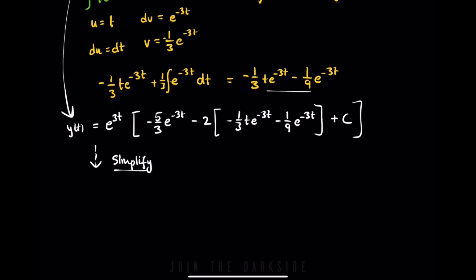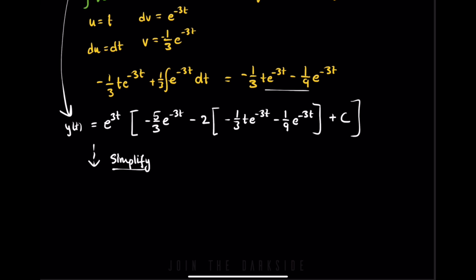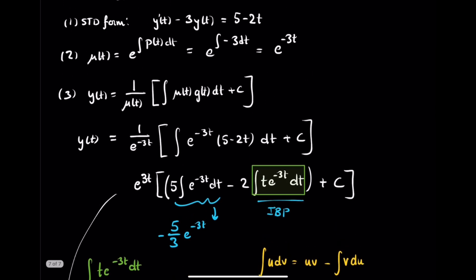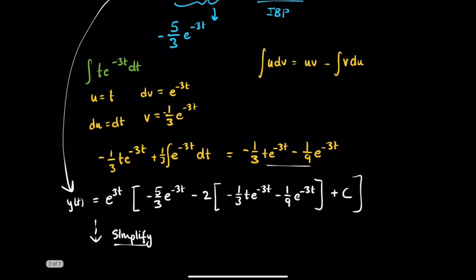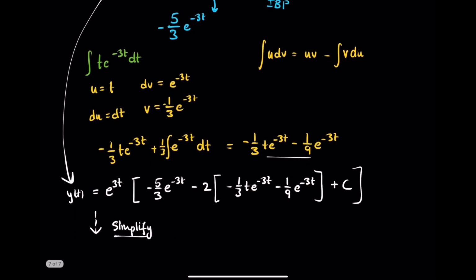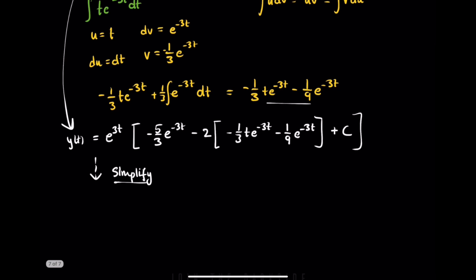But you would combine these terms, bring in the e to the 3t right here, and expand it all out. And since we're not given an initial value problem, we don't have to worry about the c. We can just leave it as a general solution, and that's good enough.